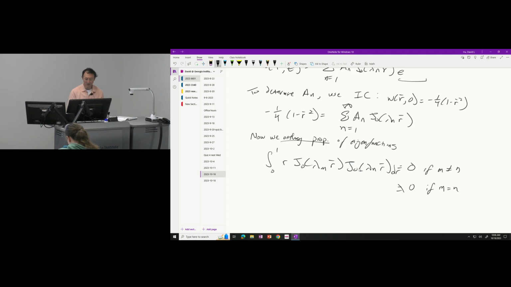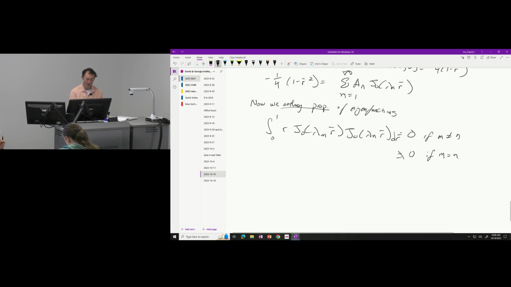If I take two solutions with lambda m and lambda n, those are different zeros, then that gives me 0. And that's why they call these eigenfunctions. That's why they call them orthogonal, because they only give you a non-zero value if you're squaring it. Okay, so that's where we ended last time.